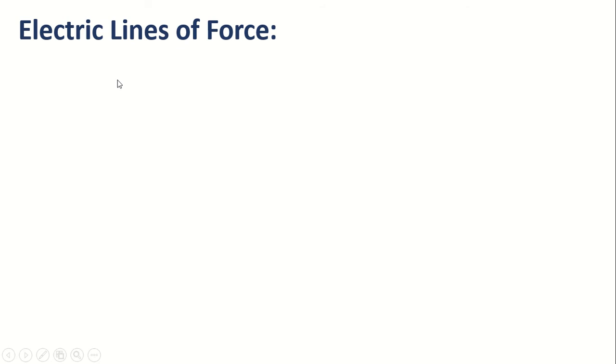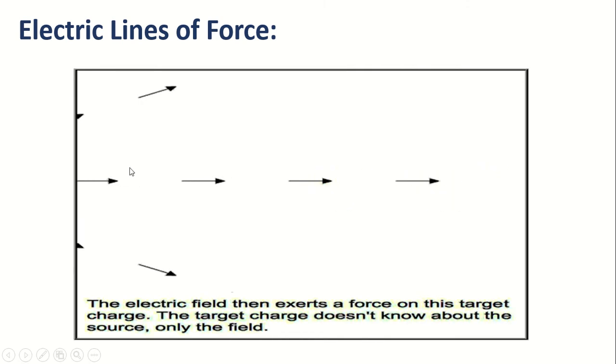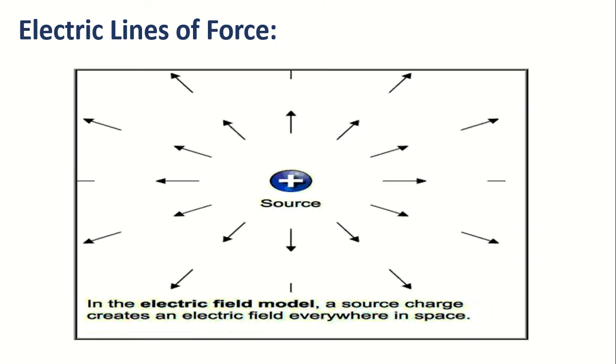At first, I am going to explain electric lines of force. Michael Faraday introduced electric lines of force to get an idea about electric field. If a positive charge is placed in an electric field, it would experience a force.